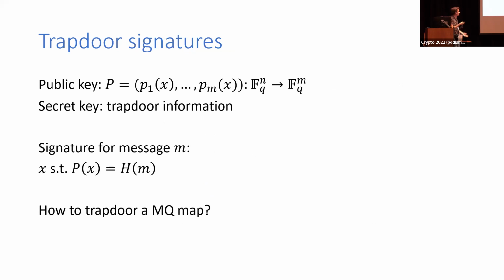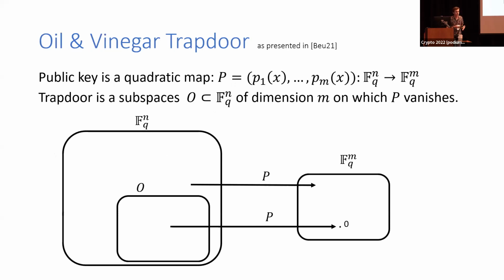But the question is, how do we produce these trapdoored multivariate maps? And yeah, there's multiple proposals, but the simplest one is this oil and vinegar trapdoor. So the trapdoor structure is very simple. It's just a linear subspace O, and your trapdoor function is just a bunch of quadratic polynomials that vanish on this space O. Right?